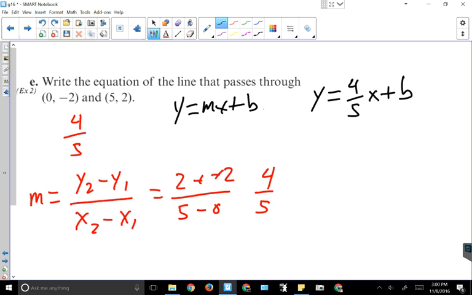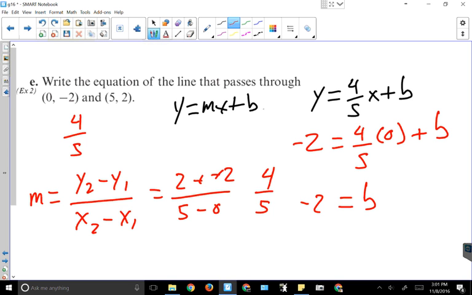So, could I say that Y is equal to, well, I'm going to say it's equal to -2. And what would I put in for X then? 0 plus B. Now, if I look at this, 0 times that just disappears, right? -2 is equal to B.